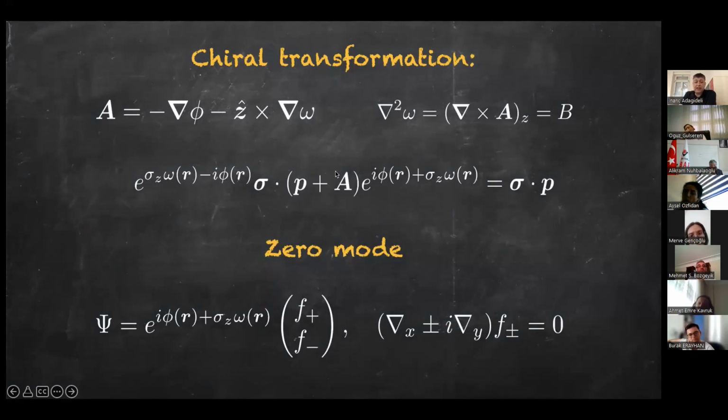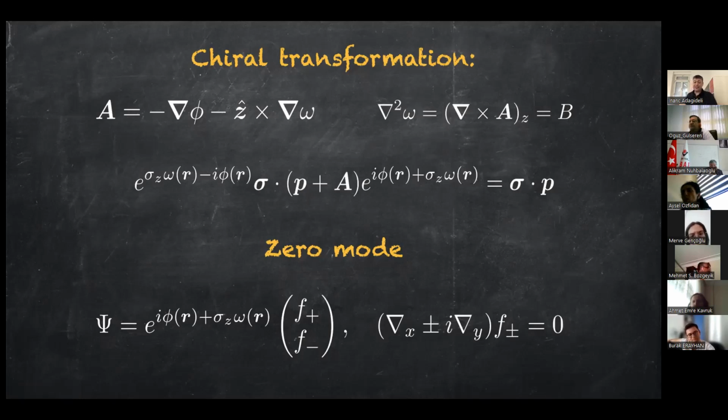Suppose you solve that, and then you can show, which is an amazing thing, that in this P plus A you can gauge away the entire A by doing this transformation. It's basically the same transformation as sigma z omega of R, but with the same sign on both sides. Then the e to the i phi is the usual unitary transformation. And then you get sigma dot (P plus A) goes to sigma dot P.